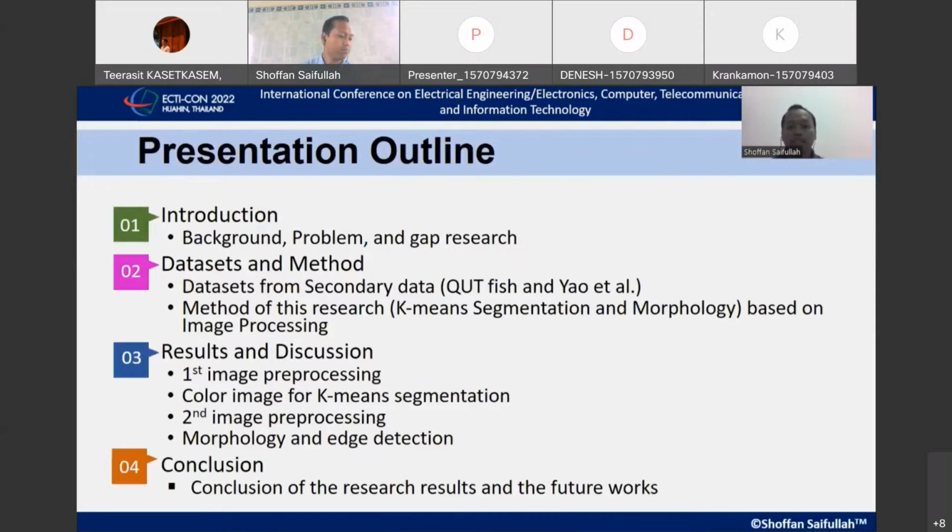The methods of the research are K-means segmentation and morphology based on image processing. The third is the result and discussion. First, image processing, color image for K-means segmentation. Second, image preprocessing, morphology, and edge detection. The last is the conclusion of this result and the future work.